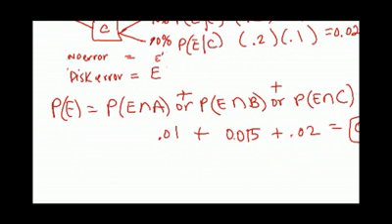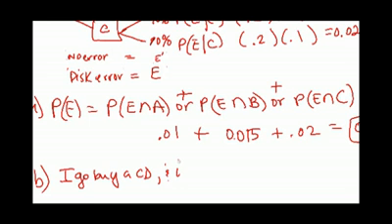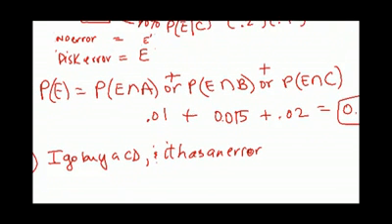Now, if I wanted to ask something else, let's say I go buy a CD and it has an error. What is the probability that it came from company A?